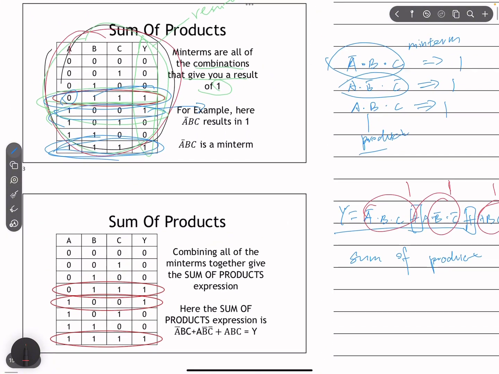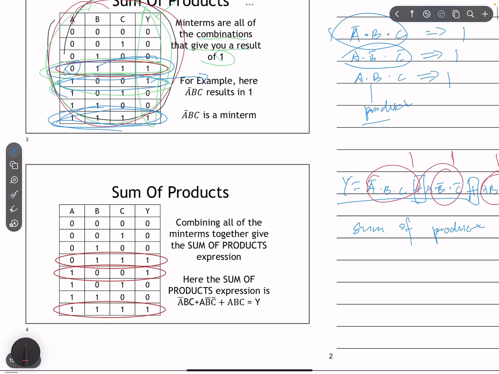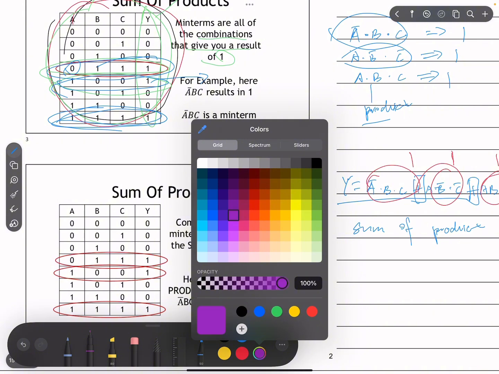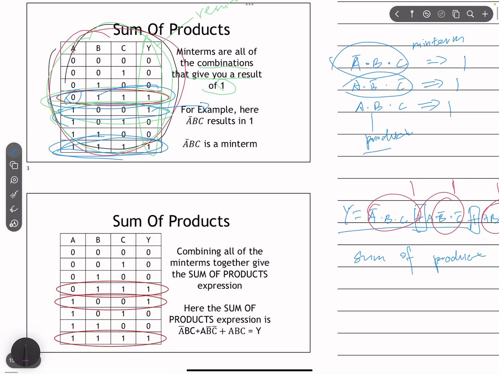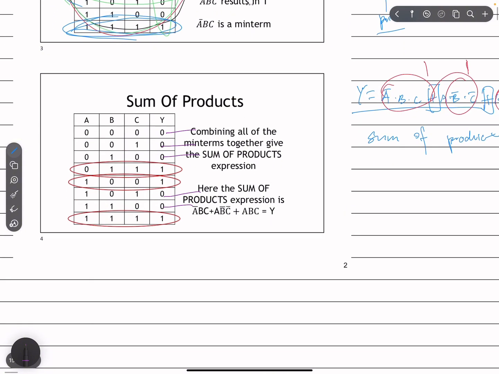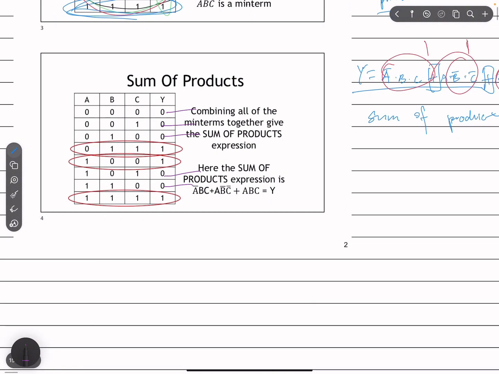Same thing for the maxterm, we're looking for the rows that give us zeros. If we have the same truth table, these are our zeros. So we write in the sum, and it will be the product of sums.